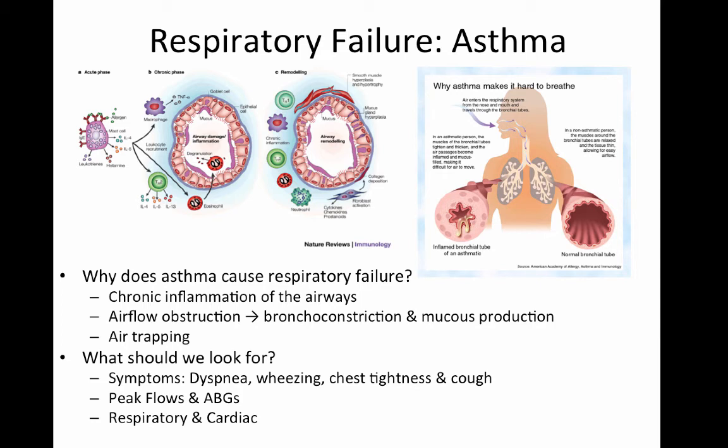The bronchial smooth muscle actually hypertrophies, and collagen actually gets deposited in the airway walls. And so you get this cycle, again, of inflammation, damage to the airway, prolonged repair, fibrosis. So over time, the remodeling of the airway becomes just more progressive. It'll become harder and harder to breathe over time.